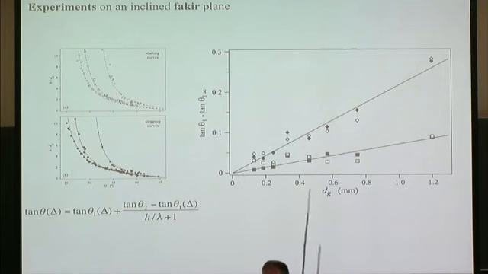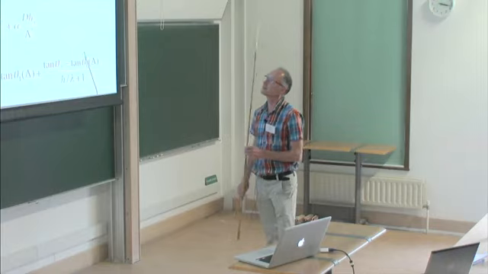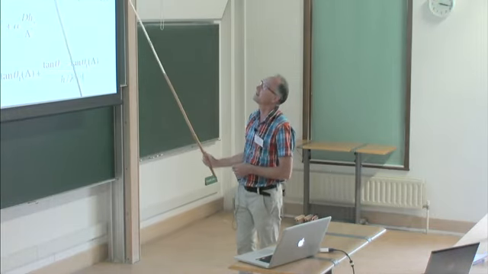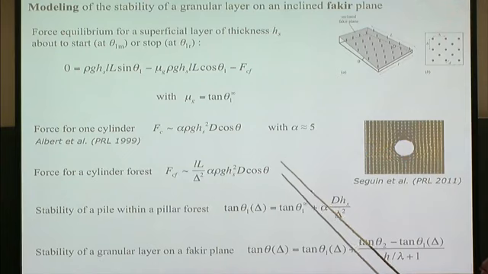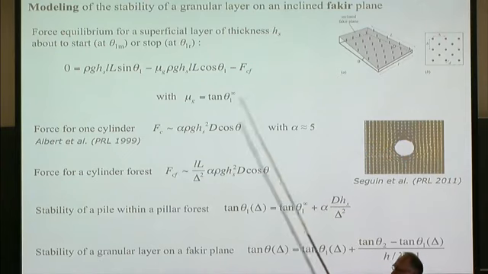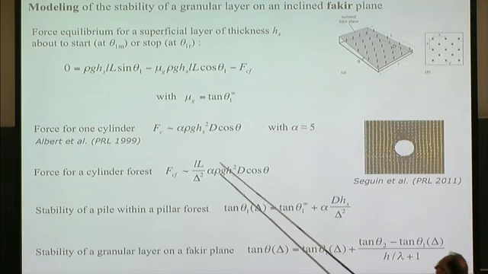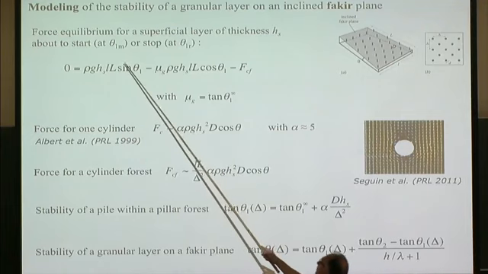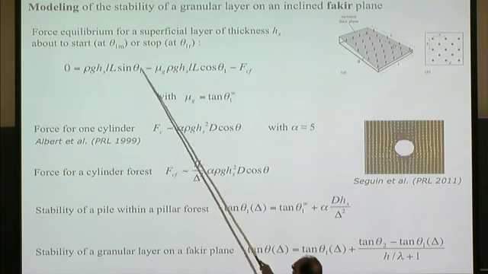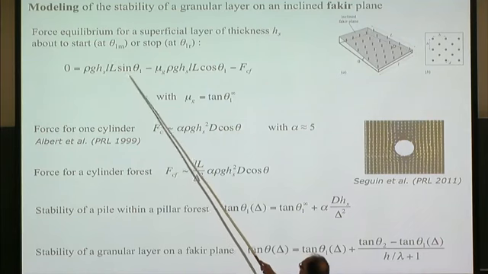So to understand this, we can model the stability of a granular layer on an inclined rough plane. If we write the force equilibrium for a superficial layer of thickness HS, which is about to start flowing at a given angle theta 1, this is the driving gravity force, g sin theta 1.